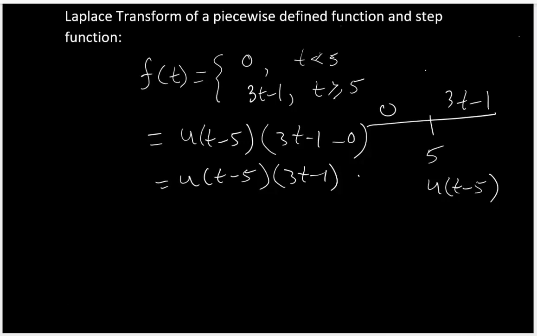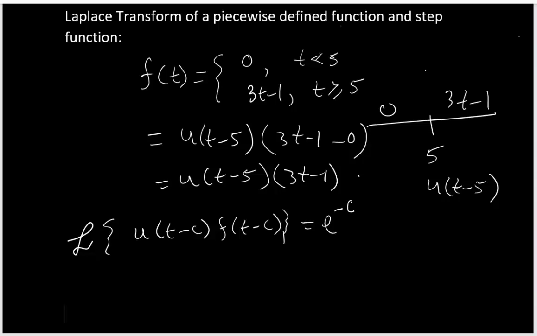Let us check the definition of the Laplace transform of a step function. If you have u(t minus c) times f(t minus c), this is e to the negative cs times the Laplace transform of f(t).